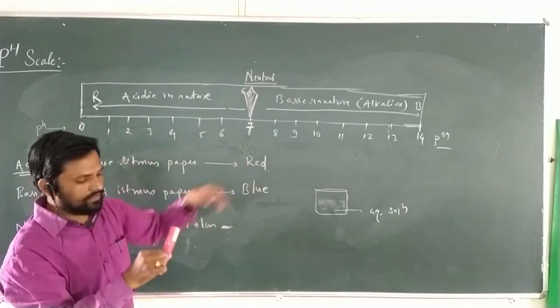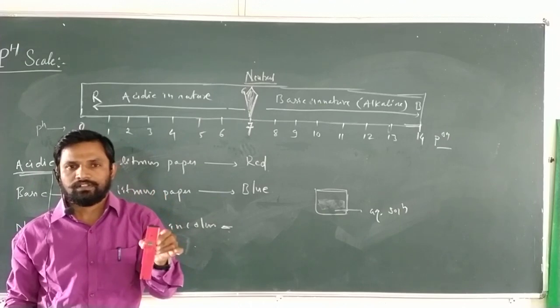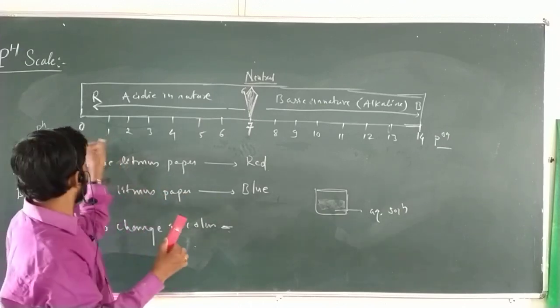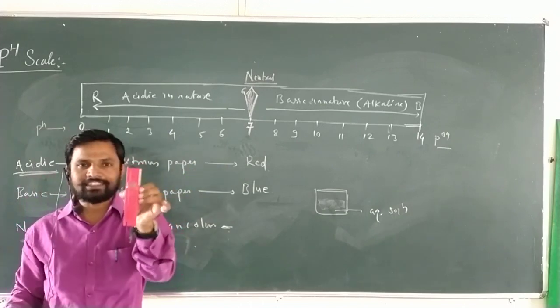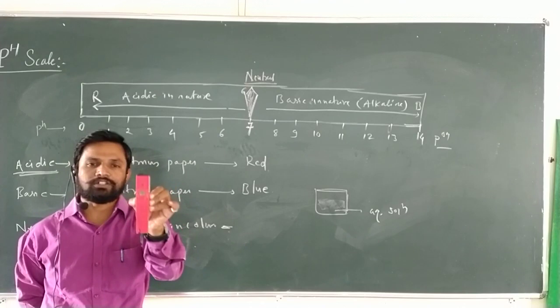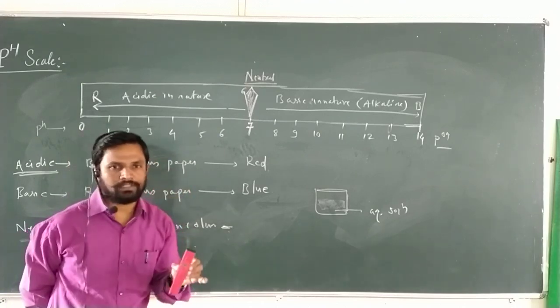Up to 7, this is the measurement of the pH. This is the pH scale. From this value we can determine what nature is present and how much pH the solution has. This is the exact value we can determine by the pH meter.